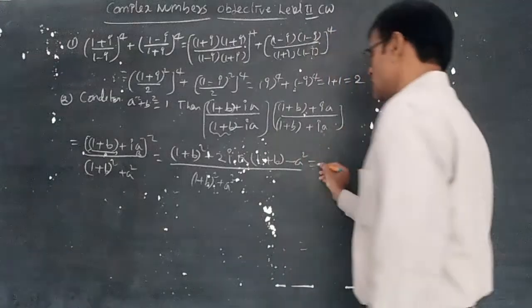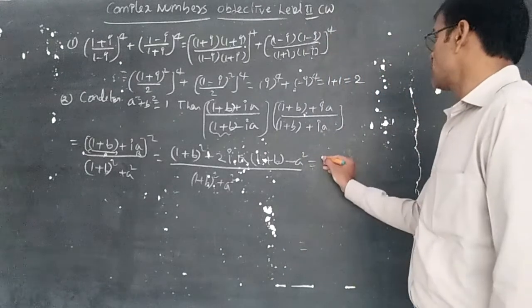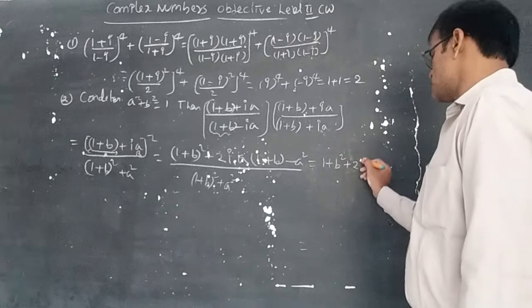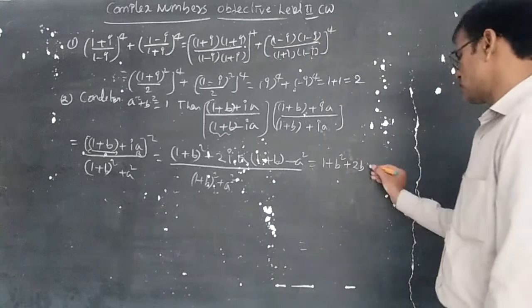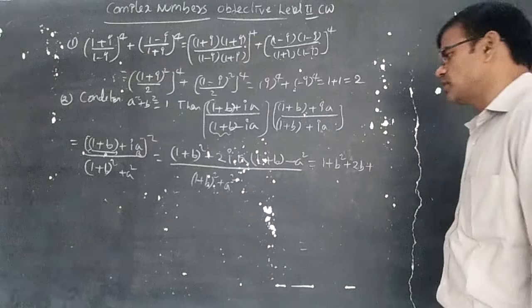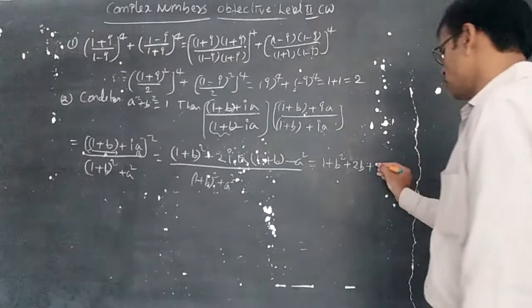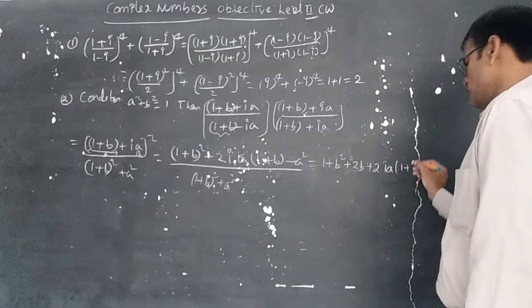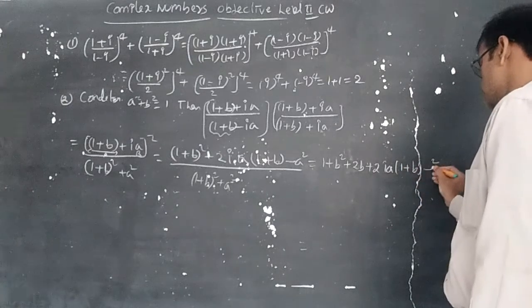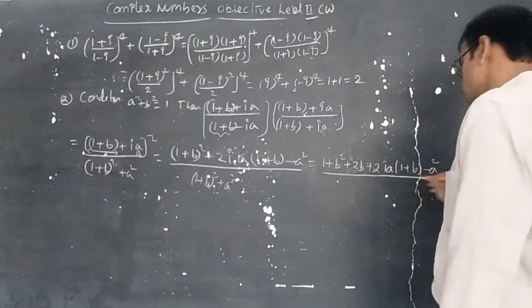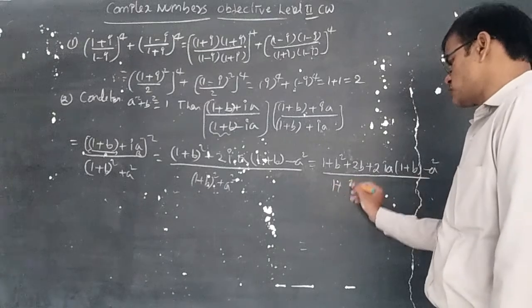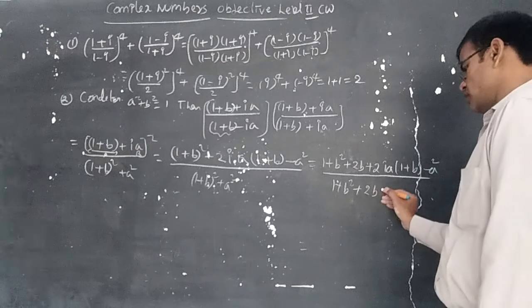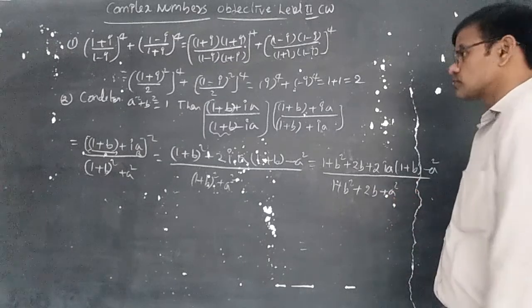Numerator, expand this one: (1 plus b) square, 1 plus b square plus 2b, plus 2ia into (1 plus b), don't expand that one, minus a square, by, expand this one, 1 plus b square plus 2b plus a square.